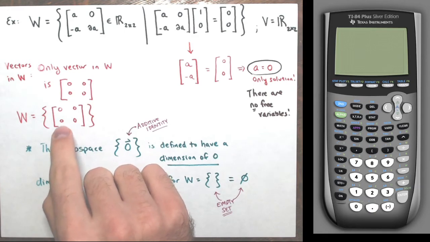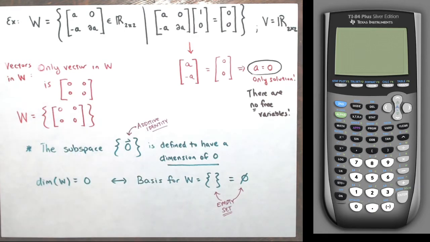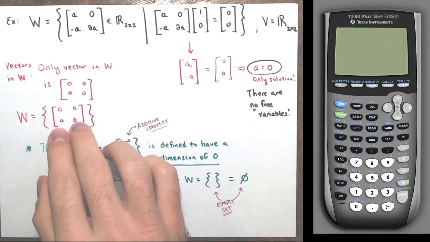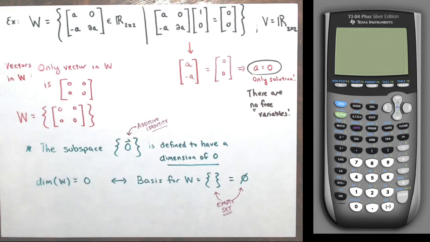Is this set with 0, 0, 0, 0 there independent? No. Remember, any set where you have the zero vector inside of it is dependent. That's something you've seen from a separate video of mine on linear independence, if you've been watching or reading. So because this set isn't independent, you can't call it a basis for the set with just the zero vector in it.